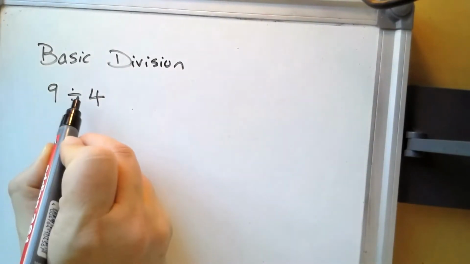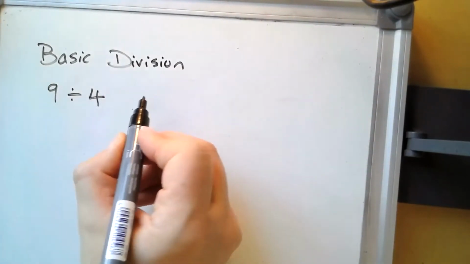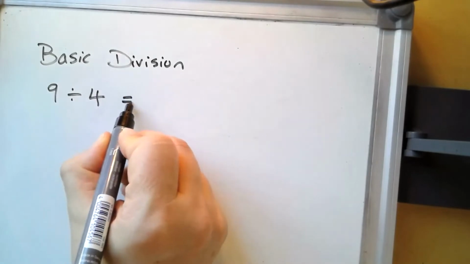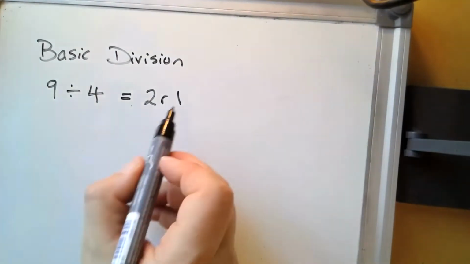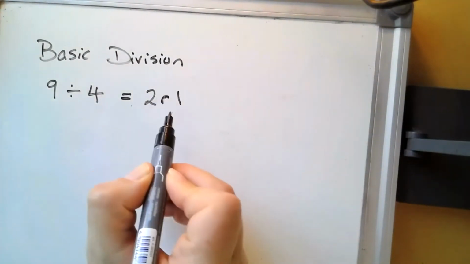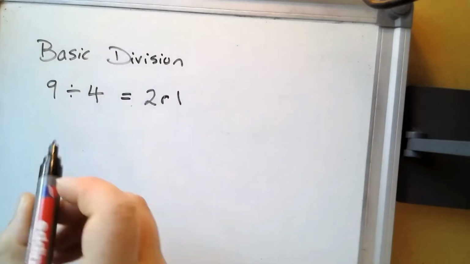We have a number, we divide it by another number. So it's going to be 2 remainder 1. I'll come back to talking about what that R is in a minute.